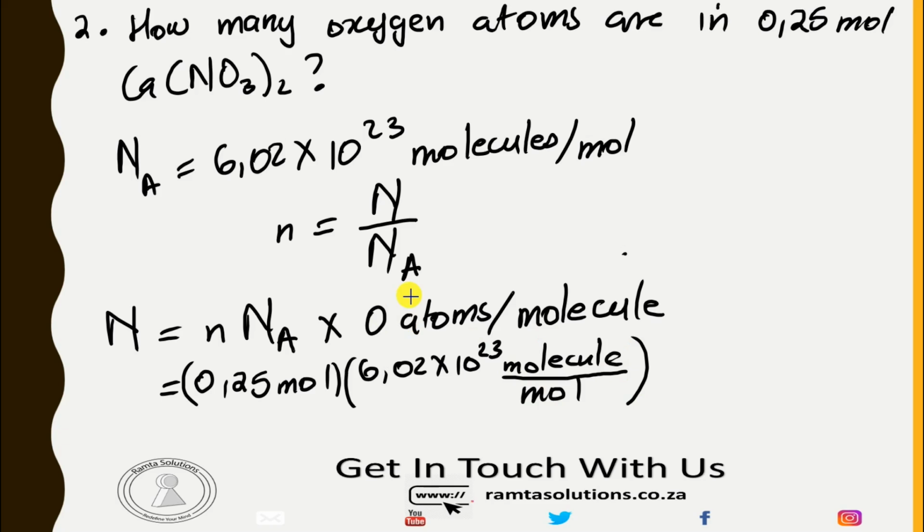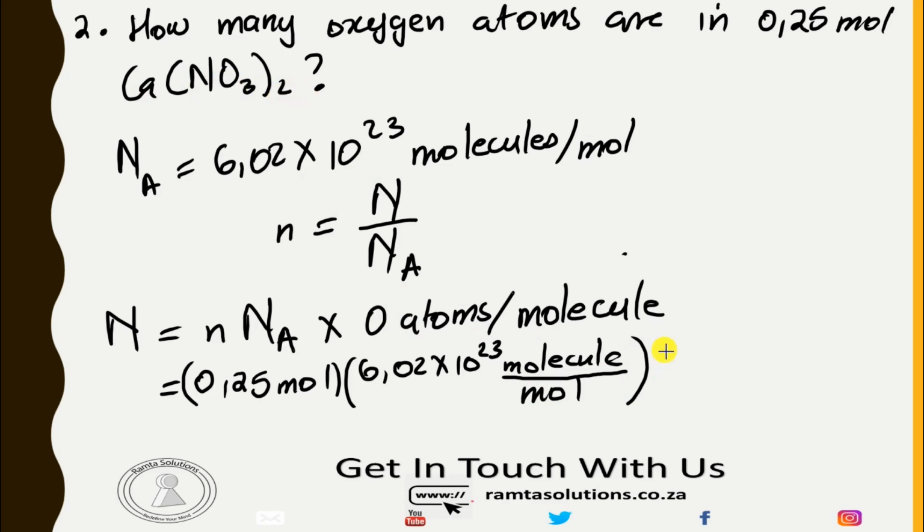And then you look at the compound or the molecule in question. For the molecule in question, we must ask ourselves, how many oxygen atoms do we have? When you look at it here, we have 1 carbon atom, 2 nitrogen atoms, and 3 times 2 oxygen atoms. So that tells you we have 6 oxygen atoms.